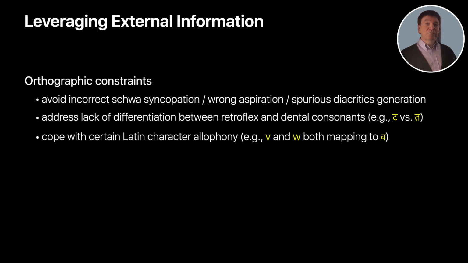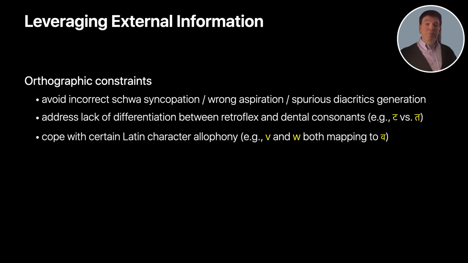Note that the results we've just seen did not use any external information, so conceivably they could be even better where some is available. For example, linguistic knowledge may be available in the form of orthographic constraints, which could help avoid generating the kind of spurious suggestions mentioned here.